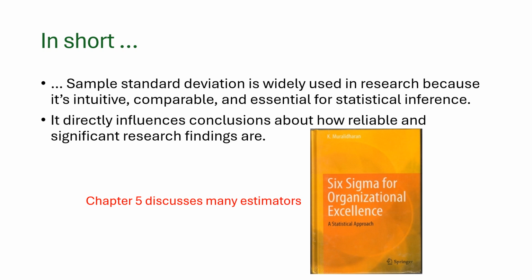I request the audience to see my book Six Sigma for Organizational Excellence, where there is a full chapter dedicated to sigma estimators. You can find various other estimators, their computations, efficiency computations, and comparisons with other existing estimators like UMV estimators, CAN estimators, etc. So please have a look at that book.